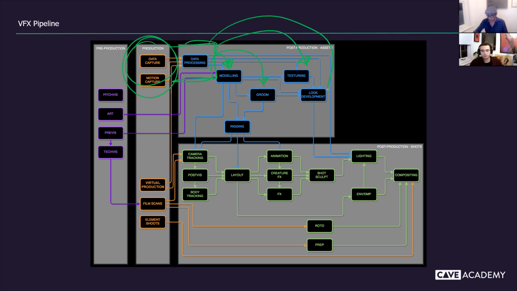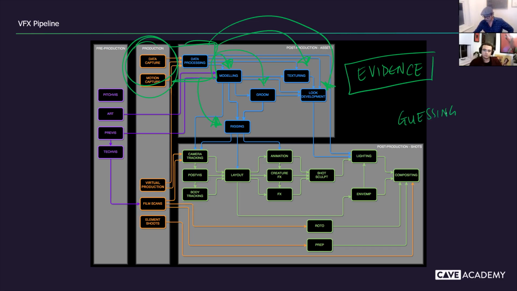What you're capturing on set is basically the evidence that everyone else downstream is going to use to prove why it should look the way it should look, or why it should move the way it should move. Without that information, you're basically guessing. And the whole point of on-set capture is to remove the guesswork. If you can get rid of that, then everyone is working from the same book essentially.